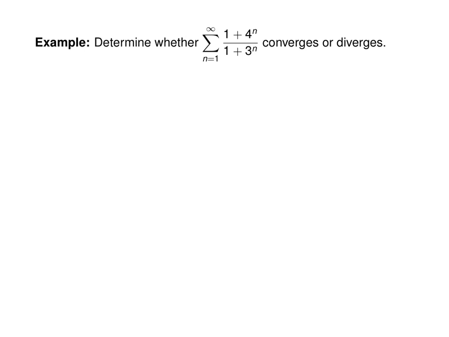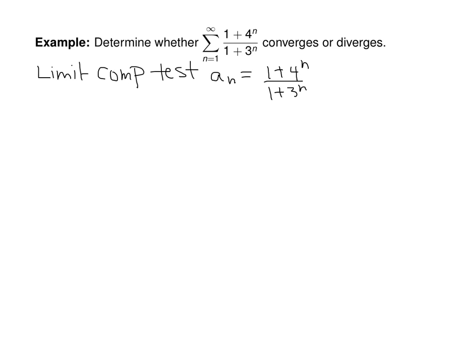Next, let's determine whether the sum from n equals 1 to infinity of 1 plus 4 to the n over 1 plus 3 to the n converges or diverges. If only those 1's weren't in the numerator and denominator, we would have a geometric series with r equal to 4/3. So we're going to again apply the limit comparison test. I'm going to let my A sub n equal 1 plus 4 to the n over 1 plus 3 to the n, and the B sub n's equal 4 to the n over 3 to the n.